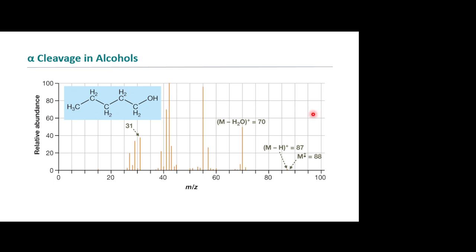We have our M plus here. Notice that an alcohol typically does something kind of interesting and unique. If we made a positive charge on the oxygen, what would that do to the hydrogen? Make it super acidic, right? And so what do you think happens to the hydrogens?